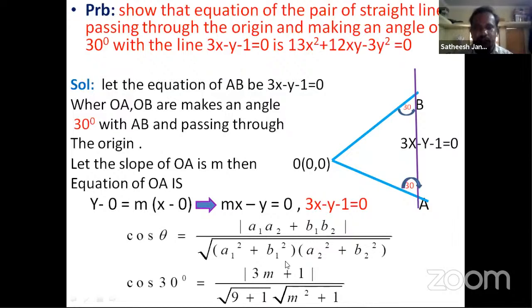Minus 1 into minus 1 is plus 1. a1 squared is 3 squared, that is 9, b1 squared is plus 1, a2 squared is m squared, and b2 squared is plus 1.